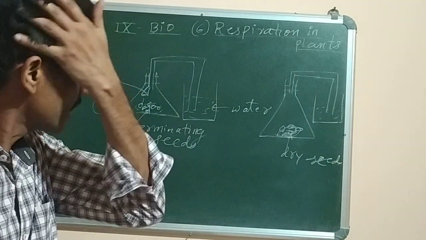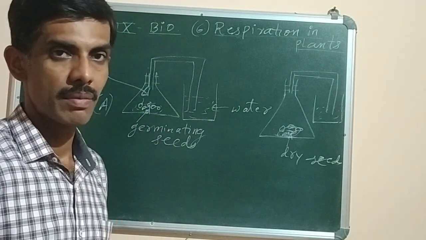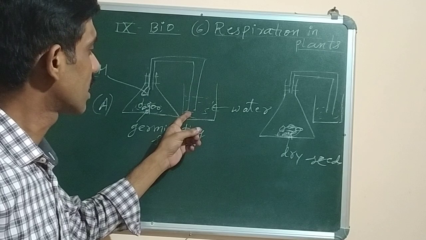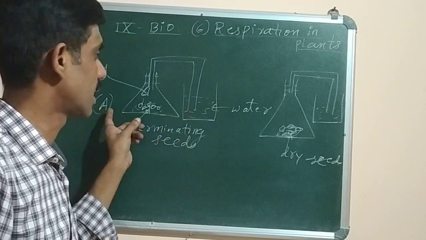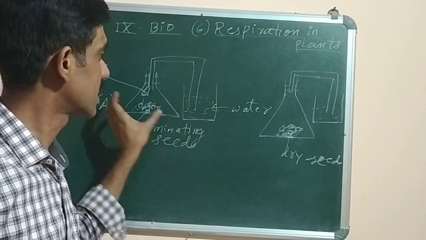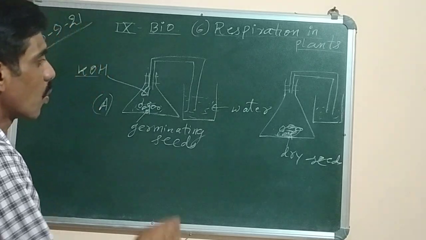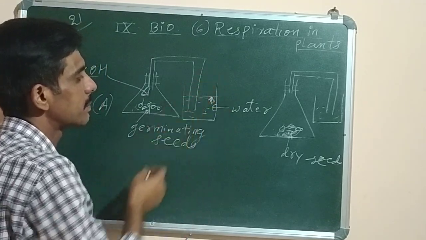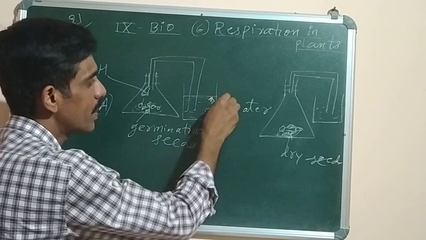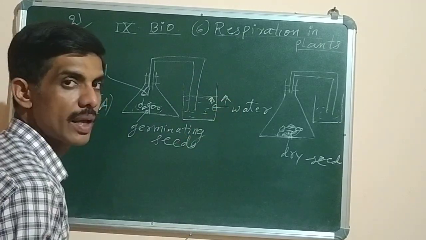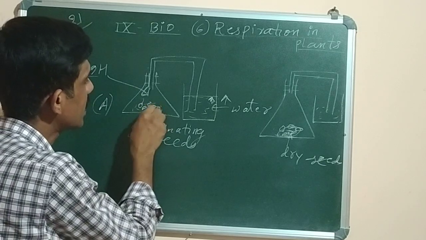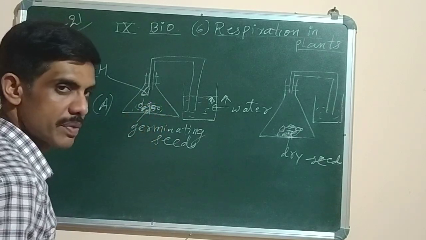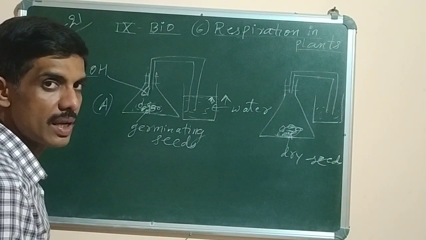Now what you will find is that after some time the level of water in experimental setup number A will rise. Why will there be an increase in the level of water? It's because these seeds are germinating, so they need oxygen.